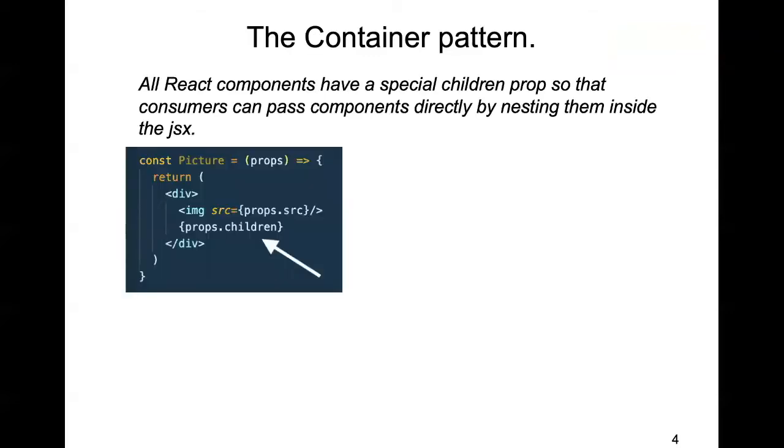I've got here a simple component that I'm calling my picture component, and you can see in its JSX, it looks like it's displaying an image, and it also has within its JSX a reference to props.children. So what this component is going to render is a div followed by an image followed by whatever this evaluates to.